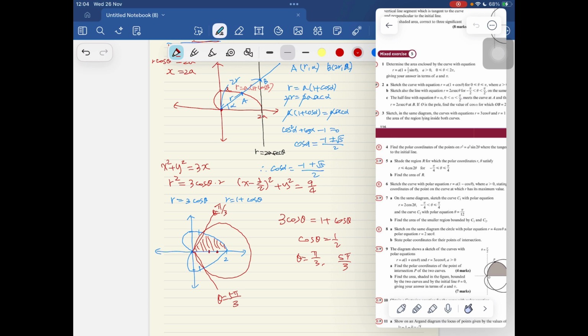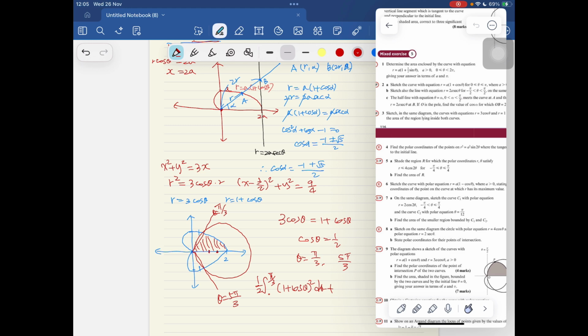So actually it is not between two curves, it is only just one curve. So here, integral from 0 to pi over 3 of half r squared. This is blue. Blue is (1 + cos theta) squared d theta.